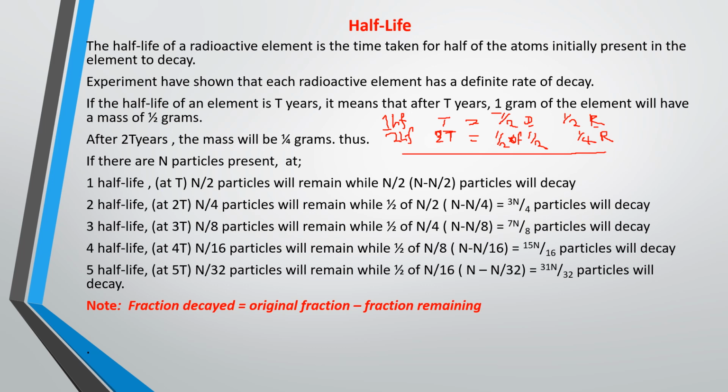Now the quantity of the particle that will have decayed at 2 half-lives will be equal to 1 over 2 of 1 over 2, which is 1 over 4, right? So this gives me 1 over 4.